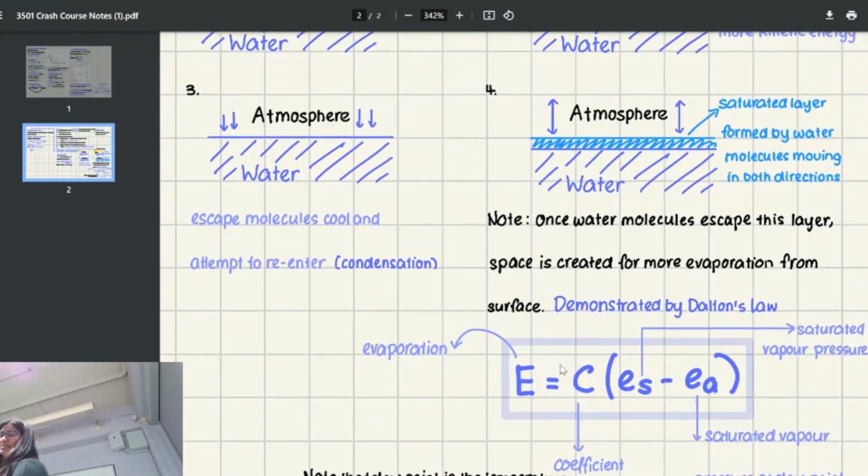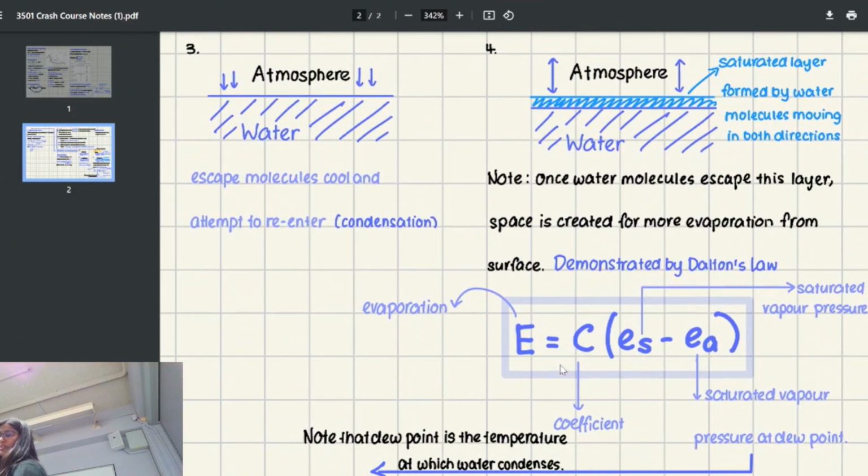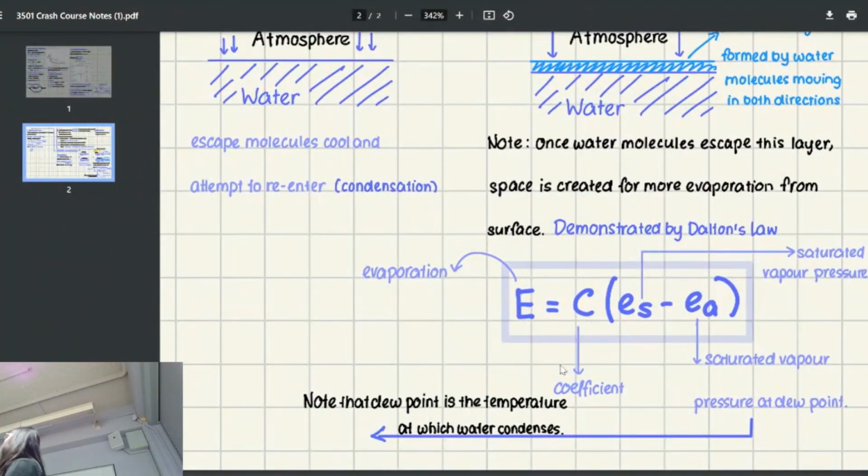And now we get to an important formula called Dalton's law, which demonstrates that entire process that I just explained. So basically here we have 4 different components. E represents the evaporation. You have the coefficient of evaporation, which will most likely be given to you, or you'll have to find using the other components. And then you've got the 2 saturated vapor pressures.